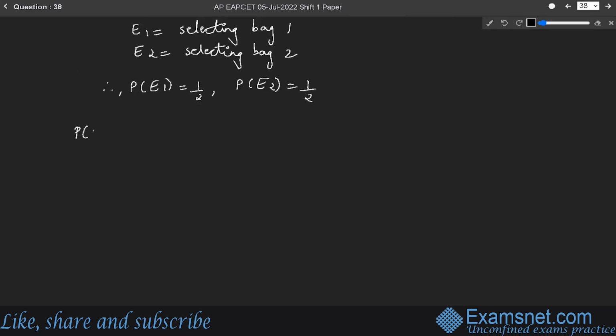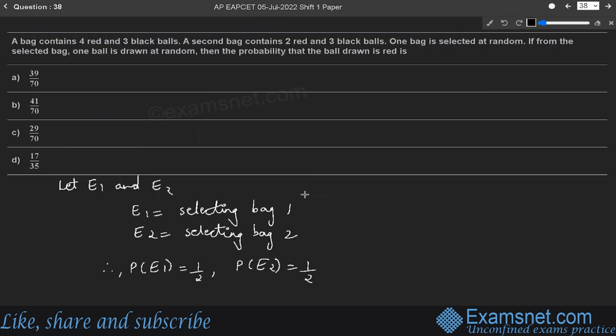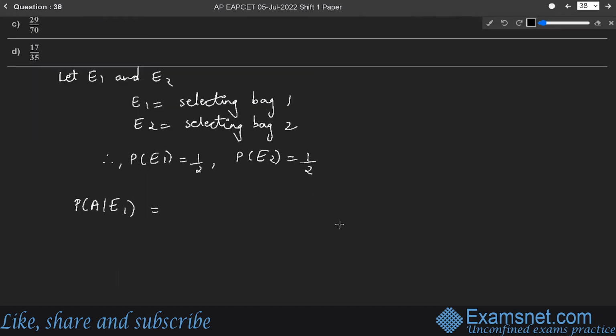Now probability of A by E1 will be probability of drawing a red ball when first bag has been selected. So let us look at the first bag. First bag contains 4 red and 3 black balls. Means total number of balls here is 7 and out of which 4 are red. So the probability of A by E1 will be 4 upon 7.